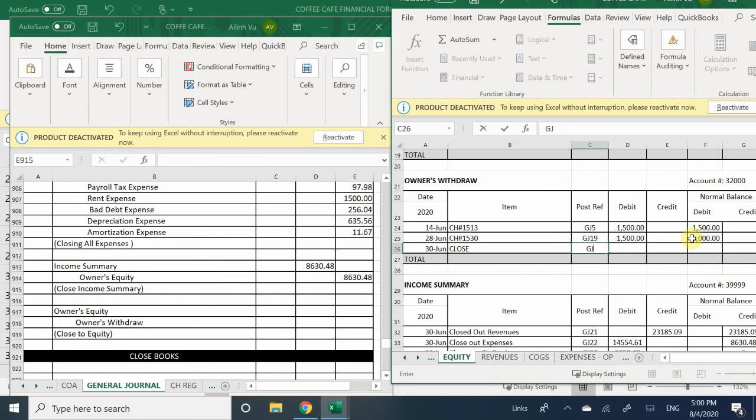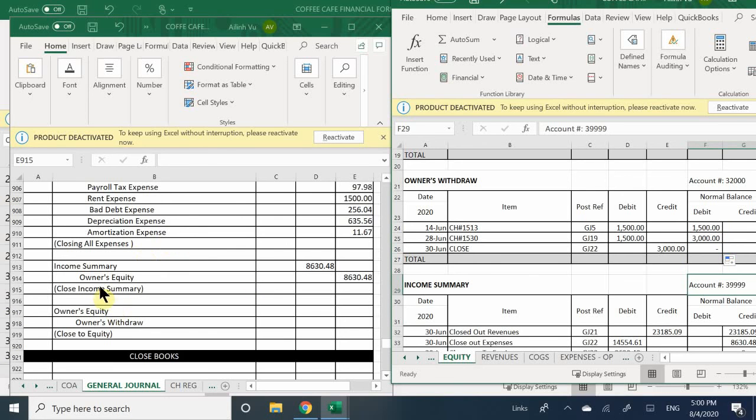Okay, general journal 22. And because it was a debit balance, we're going to credit this account by $3,000 to give us a running balance of 0 since we're closing it out. Okay, so here, 0.